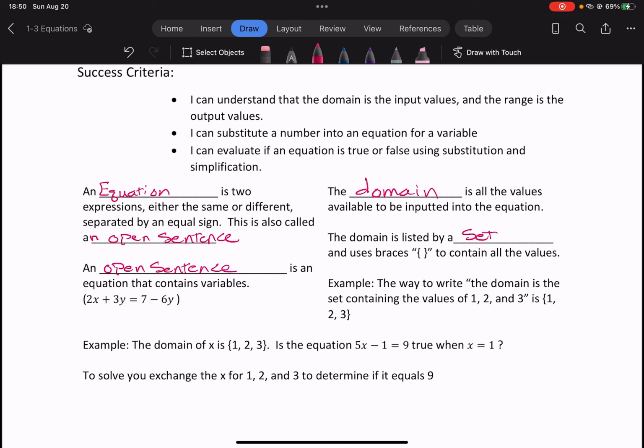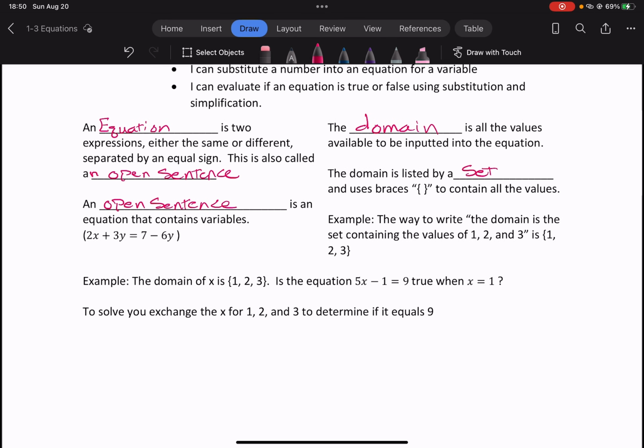For example, the domain of x, let's look at this one, is x equals 1, 2, or 3. Is it true when x equals 1? What about when x equals 2 or x equals 3?